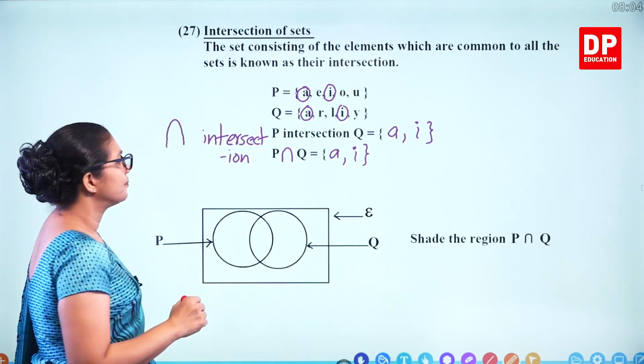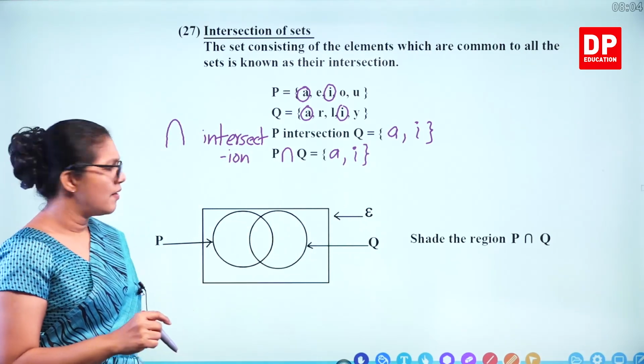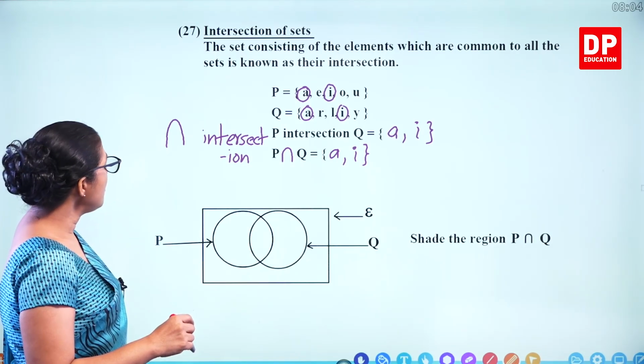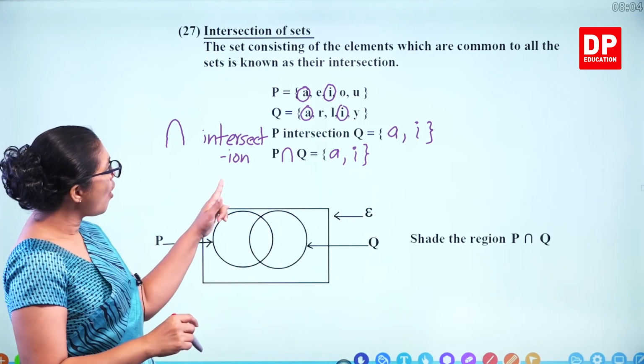So how can we represent this information in a Venn diagram? So P is there. So what are the common elements?